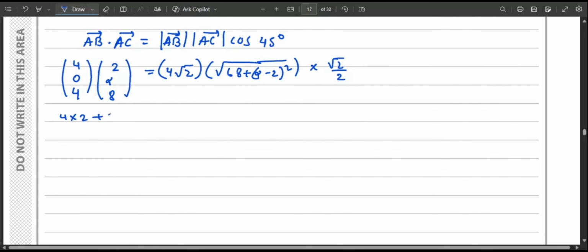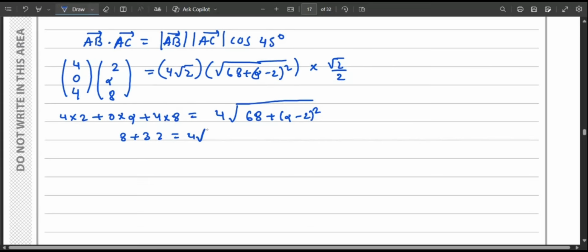So 4 into 2 plus 0 into alpha plus 4 into 8 is equal to 4 root 2 into root 2 over 2, which will give us 4, and root over 68 plus alpha minus 2 whole square. Simplifying the left hand side will give us 4 2s are 8 plus 32 equals 4 root over 68 plus alpha minus 2 whole square, or 40 by 4 is equal to root over 68 plus alpha minus 2 whole square.